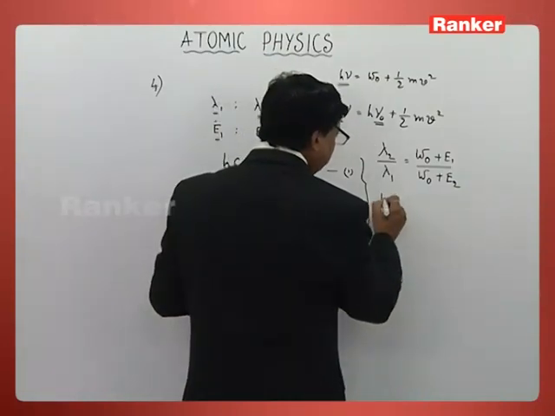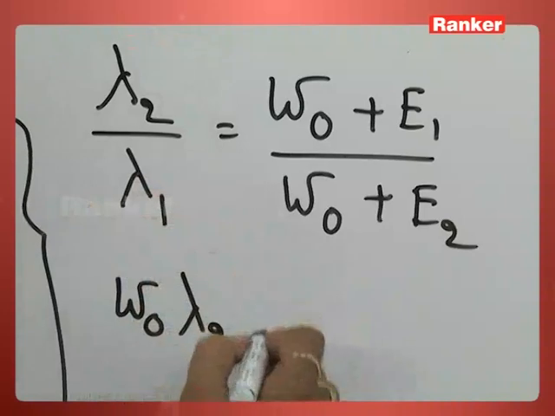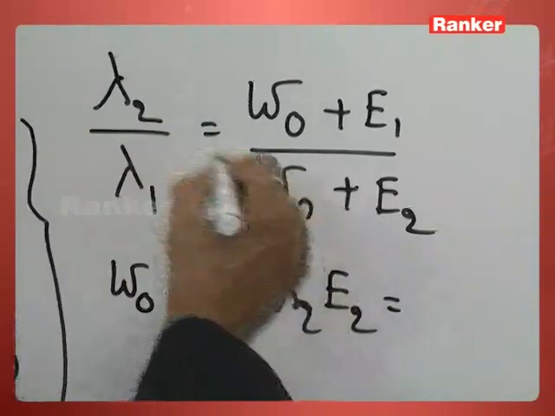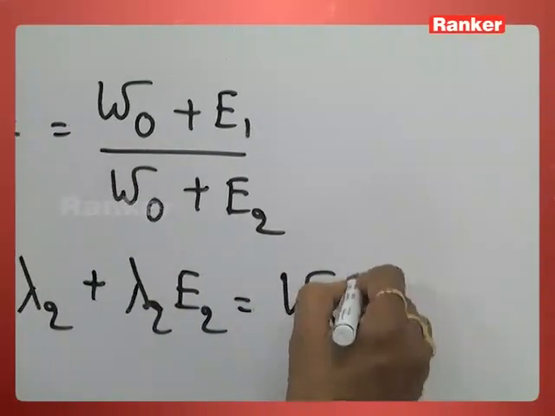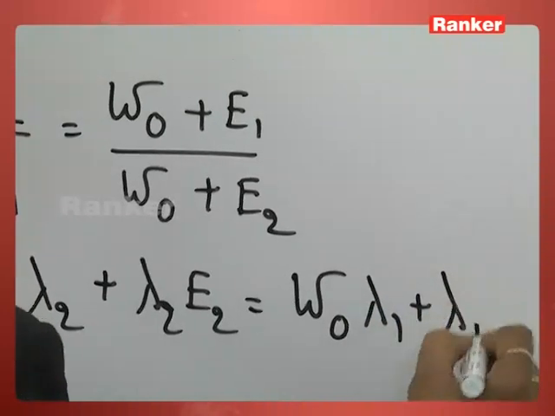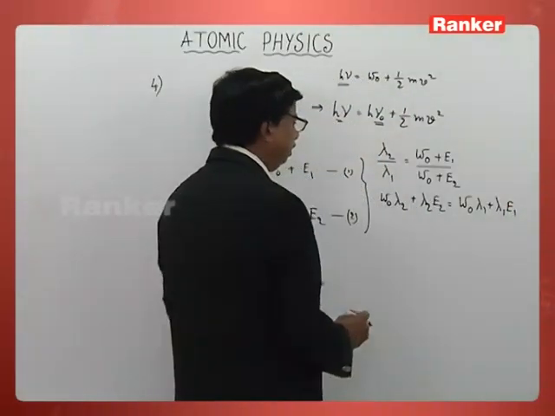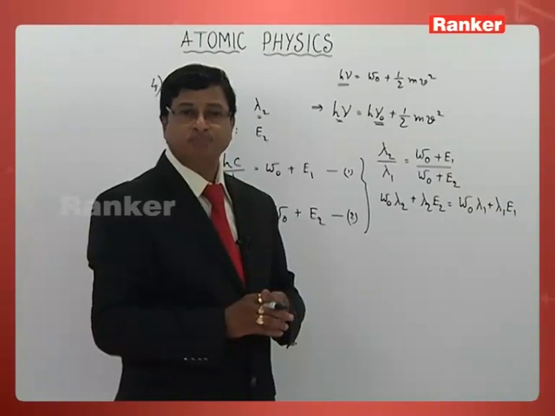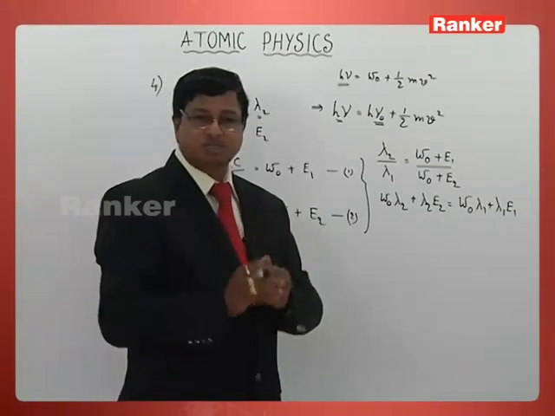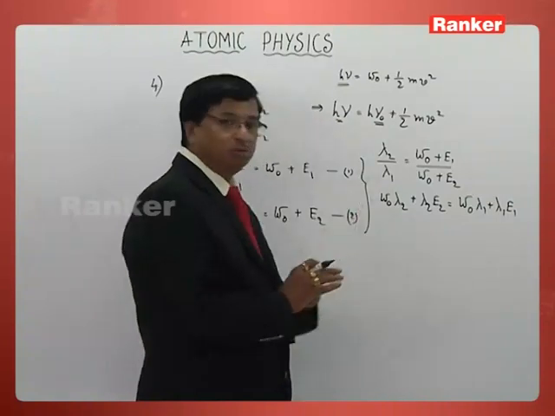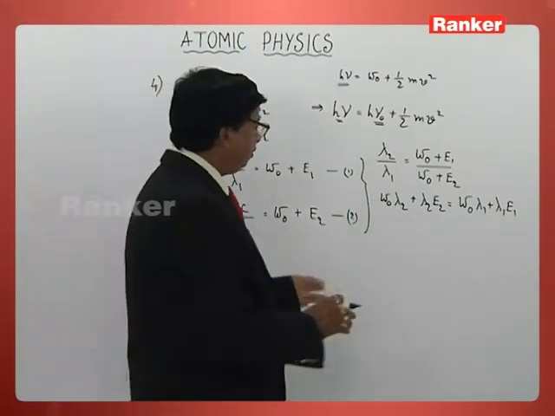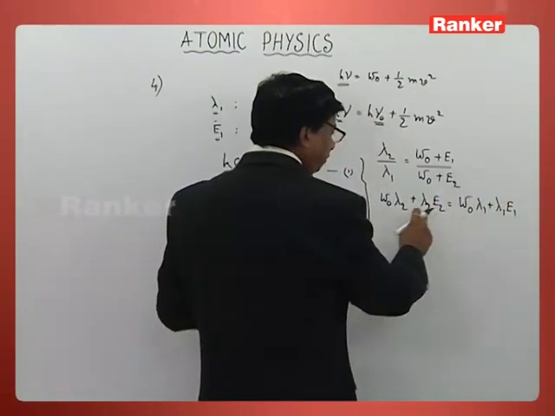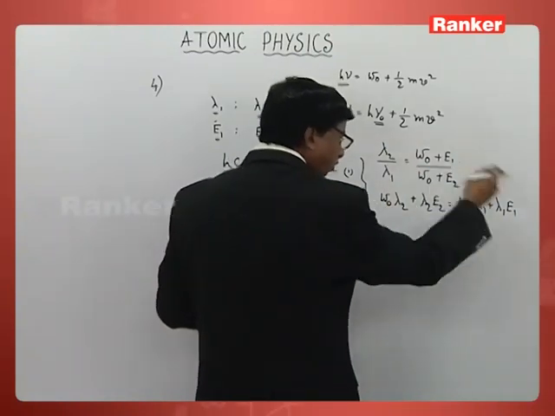So it now becomes W naught lambda 2 plus lambda 2 E2 is equal to W naught lambda 1 plus lambda 1 E1. Now according to the options given, you just go ahead with the remaining calculation. Almost every option has lambda 1 minus lambda 2 in the denominator. So take W naught lambda 2 to that side.